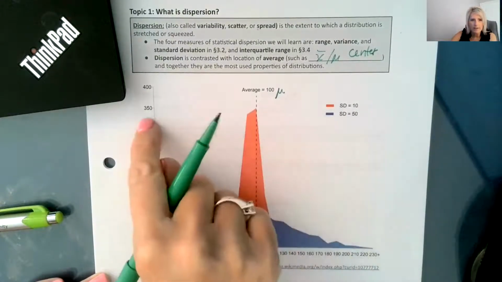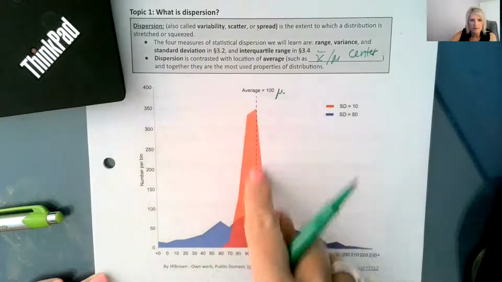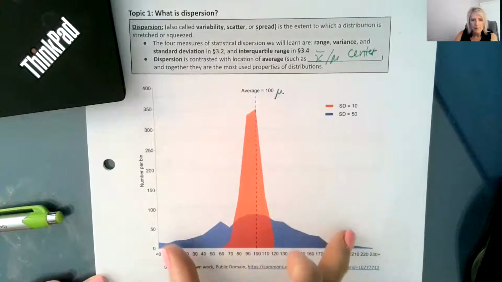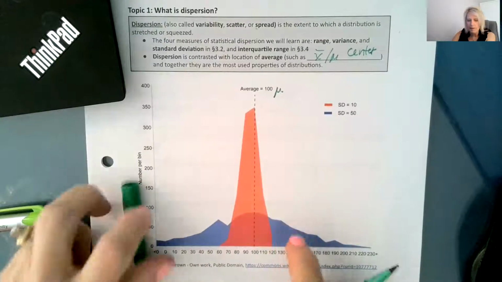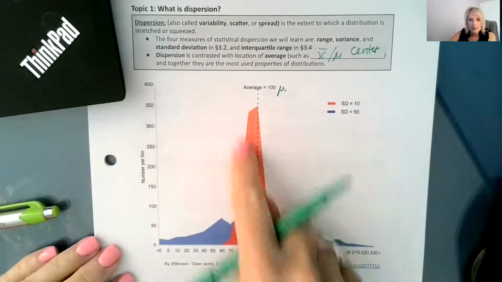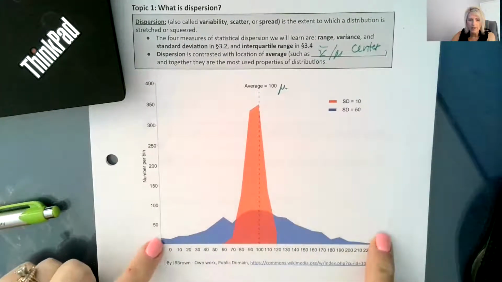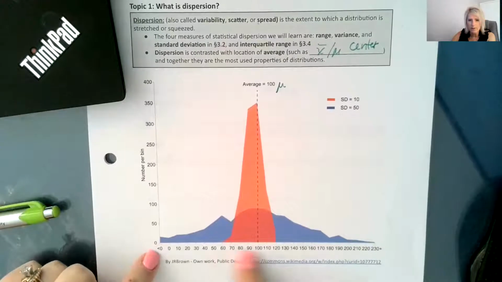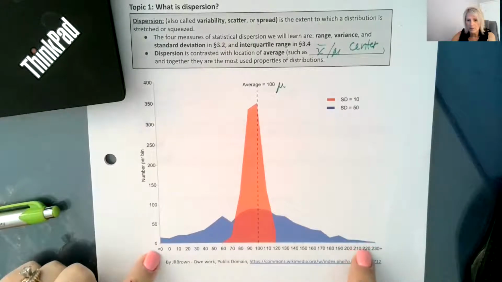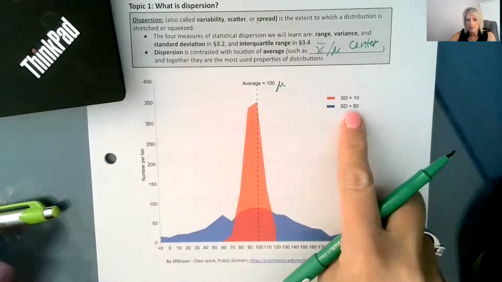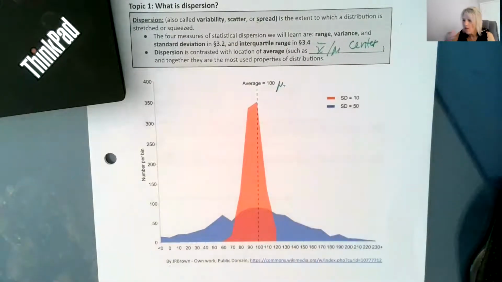These are all observations here, 350 observations in this one piece that are all centered around the mean. But the blue data set is very spread out. Its center is also at 100, but its variation is much bigger. They have values that are down here under 0, and they have values in the bins up here in 210, 220, and 230. And so this much higher standard deviation, you can see, is measured at 50.